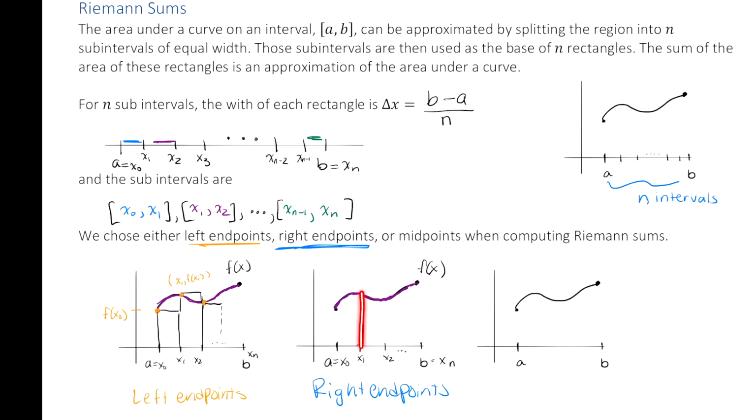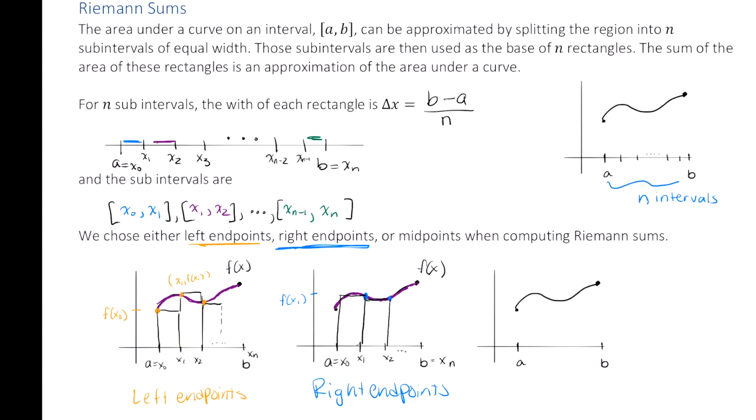So I'm going to choose the height equal to f of x1 here. And so this rectangle has this height now. And here it is, f of x1. Then I'm going to do the same thing here for x2, where I take the height of my rectangle to be at the right endpoint, which is x2, to get that kind of rectangle.